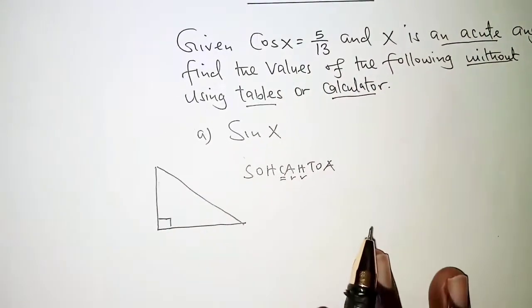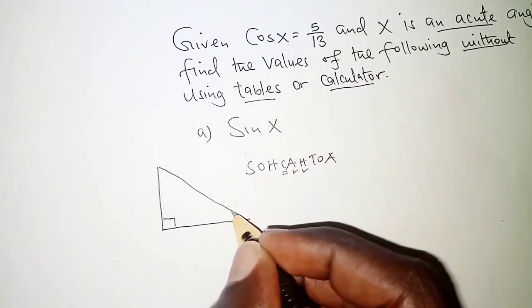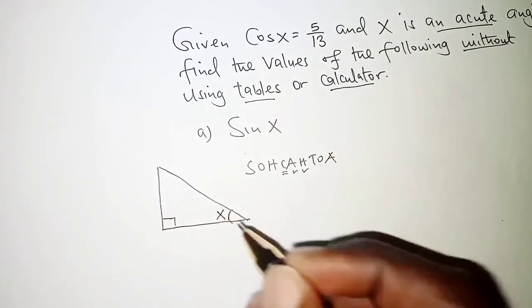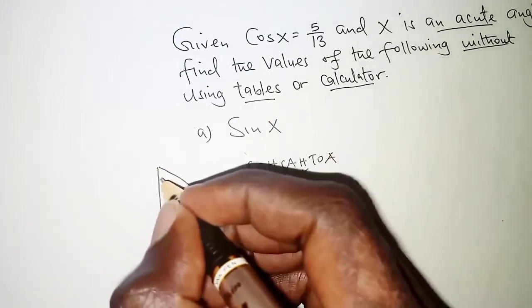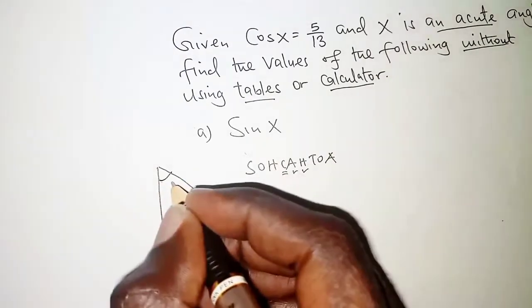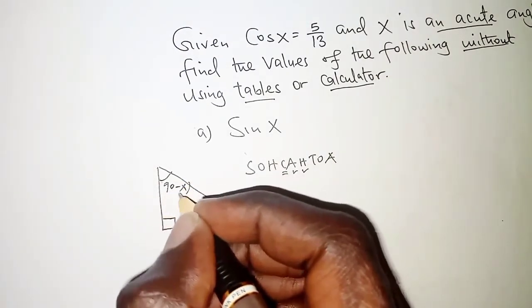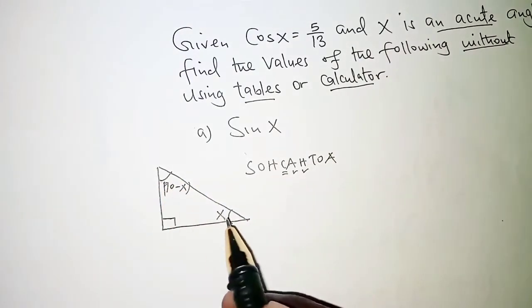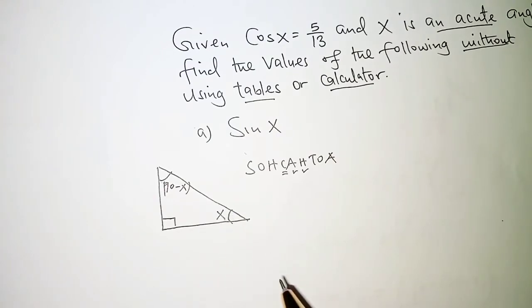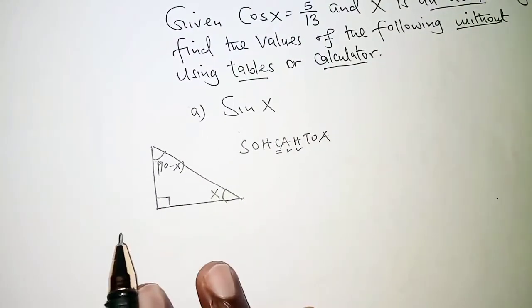So with our triangle, if we let this angle here be x, then it will be automatic that this other angle here is 90 minus x, because the sum of the two angles should be 90 degrees. So remember, it's a right angle triangle.